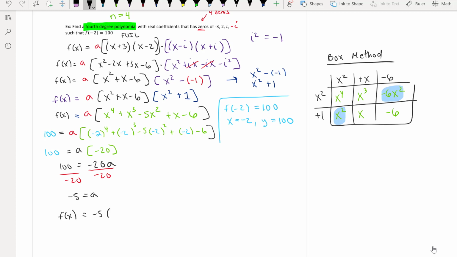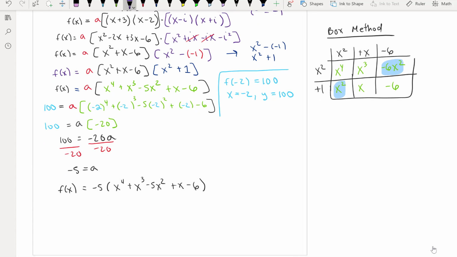Now I know that f of x is equal to negative 5 times x to the 4 plus x to the 3 minus 5x squared plus x minus 6. And the very last thing that I need to do here is to distribute.